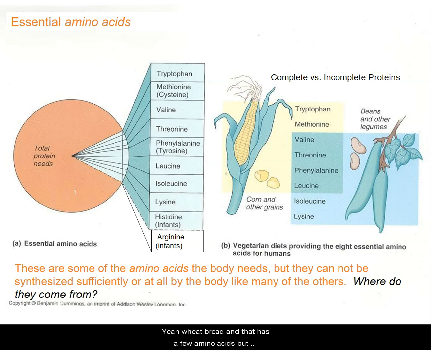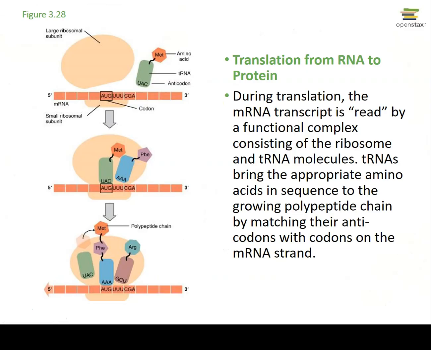You have wheat bread, and that has a few amino acids, but not a whole lot. And then peanut butter has a little bit of what you need, but not completely. You put the peanut butter on the wheat toast, and you have a complete protein. You have to know how to combine foods to get those essential proteins that you need.